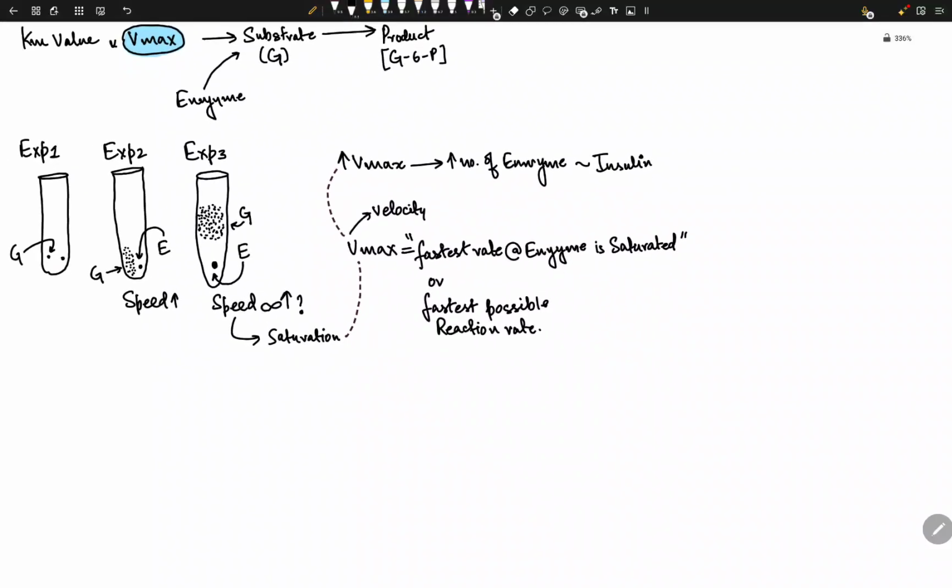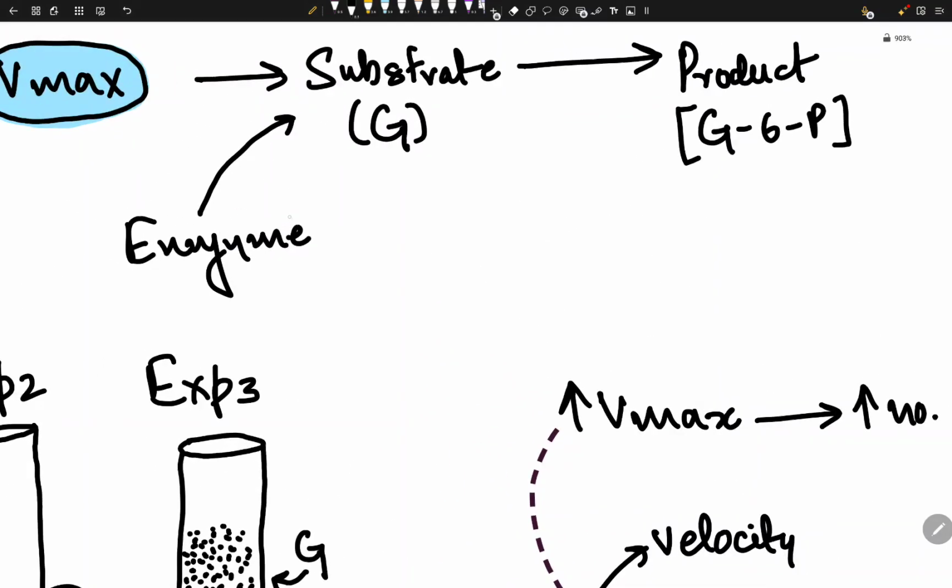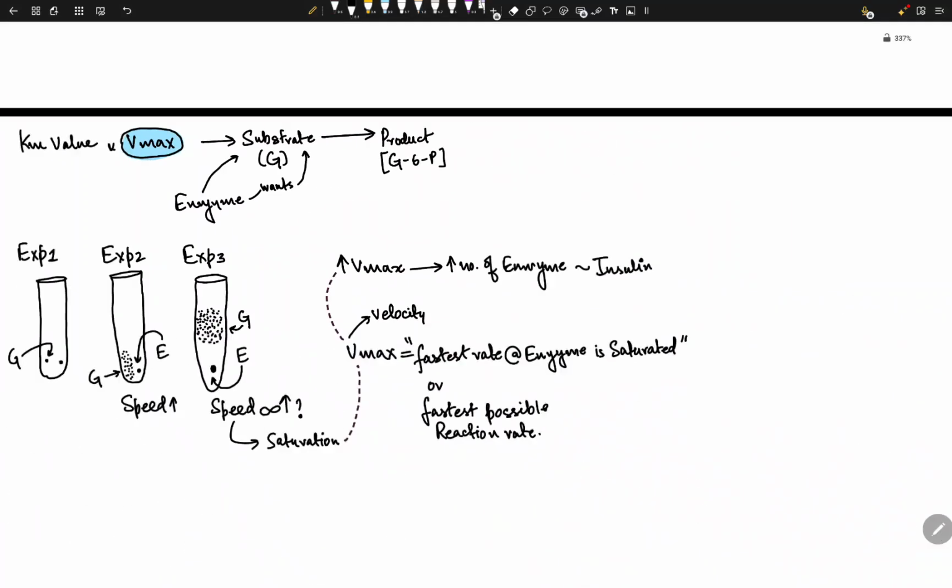Let's understand the Km value. So how should I explain it? Km value is asking basically how easily does an enzyme grab its substrate? How easily does this enzyme want this substrate? How much does it want it?